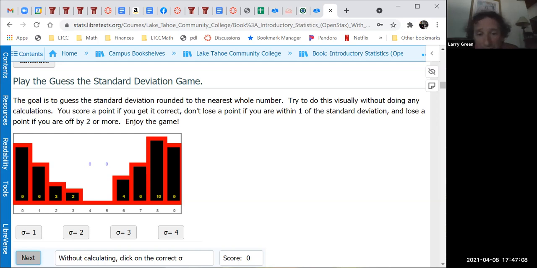And if you put it in the chat box, then we'll make the guess. The goal of this is to give you a feel for standard deviation and histograms.